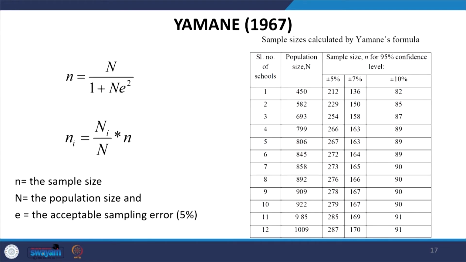As per the Yamane formula, if your population size is given as different numbers, with 5%, 7% or 10% margin of error at a 95% confidence level, the different sample sizes are given. If you have different populations, you can mention the population and calculate your individual n.